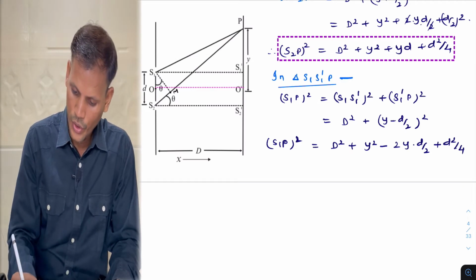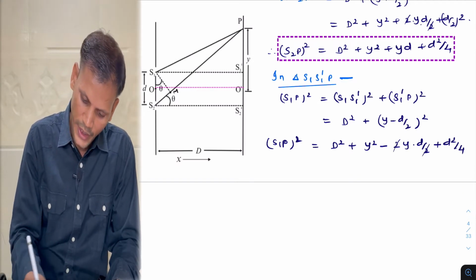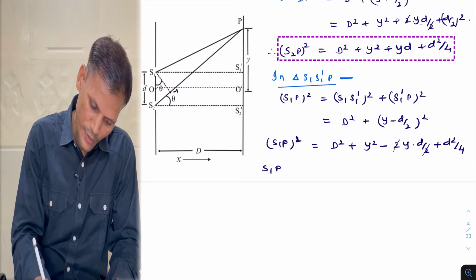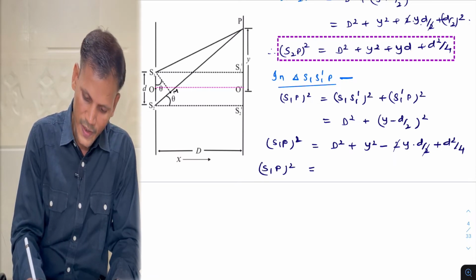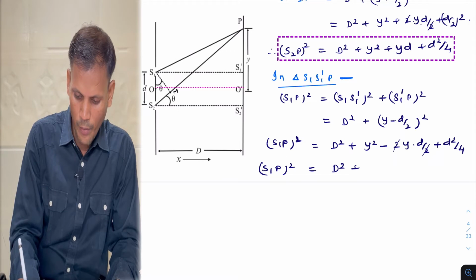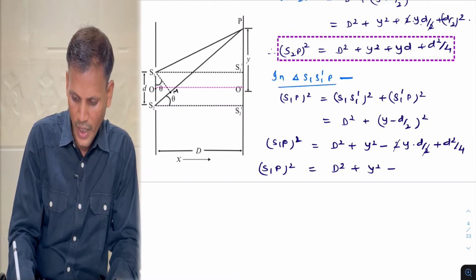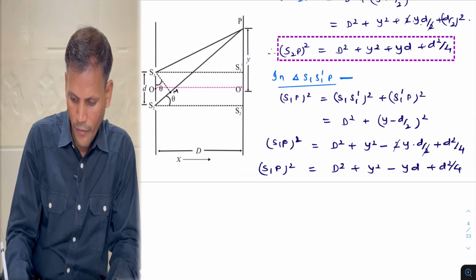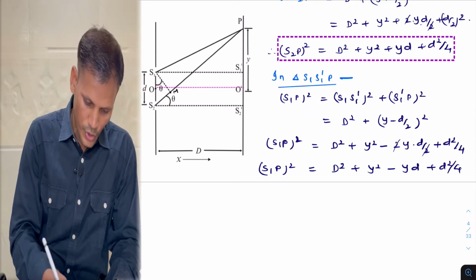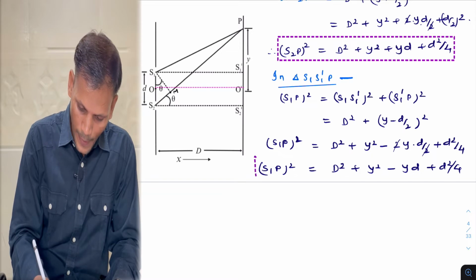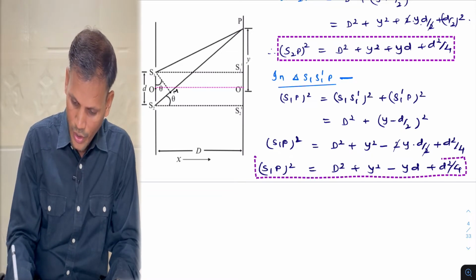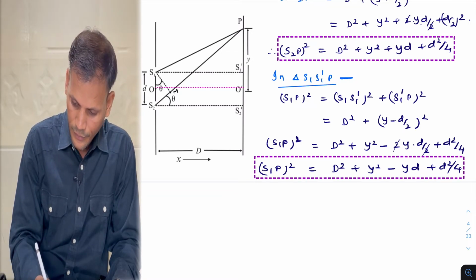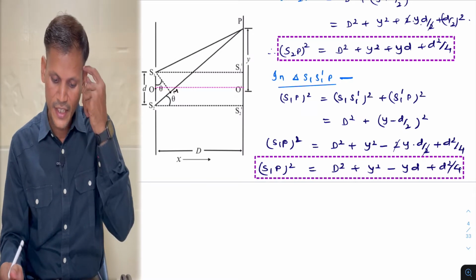Again 2 and 2 get cancelled, so we get S1P square is equals to d square plus y square minus yd plus d square by 4. So this term we get as S1P to the whole square. Now two different things we get.